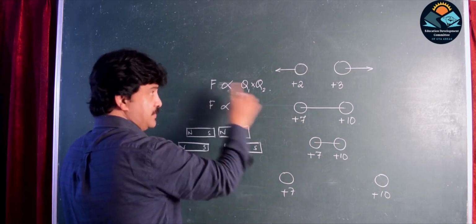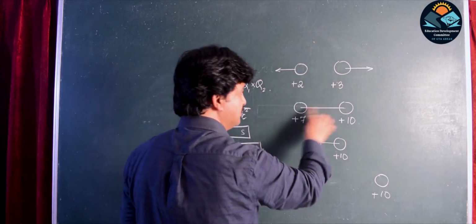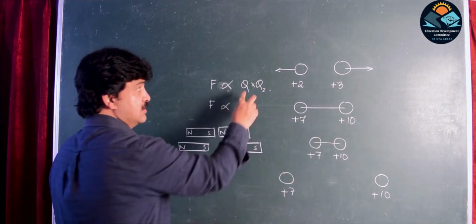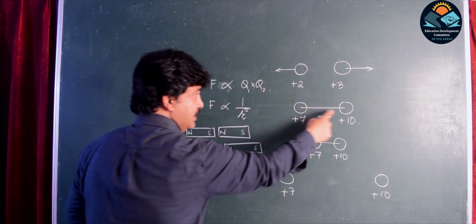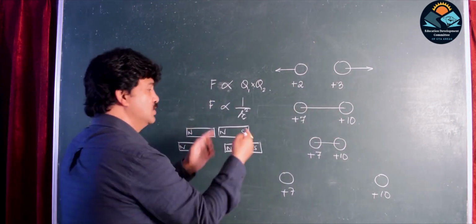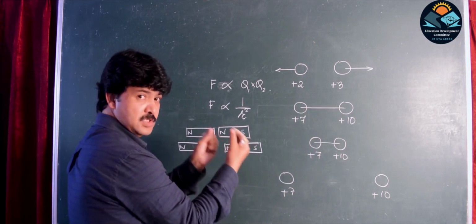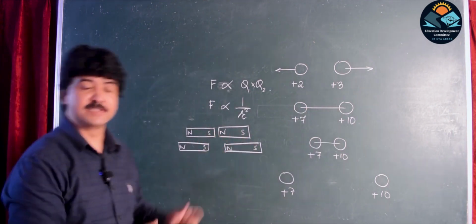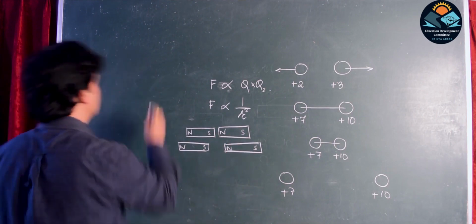So the force of attraction or repulsion between two charges depends on the amount of charge which the bodies have, and also the distance between the two charges, and that is given by Coulomb's law.